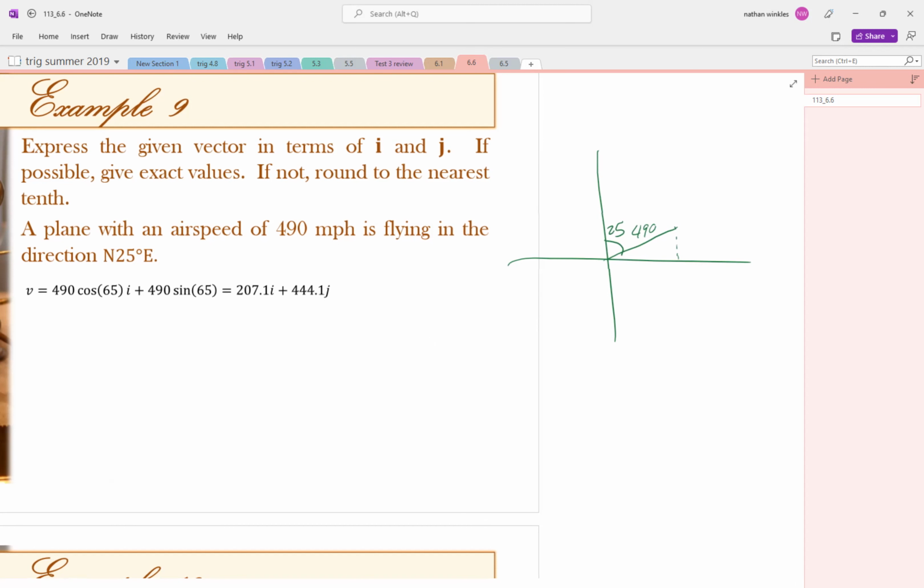In other words, this angle is 65. So 490 cosine 65 times i plus 490 sine 65 times j is equal to 207.1 i plus 444.1 j.